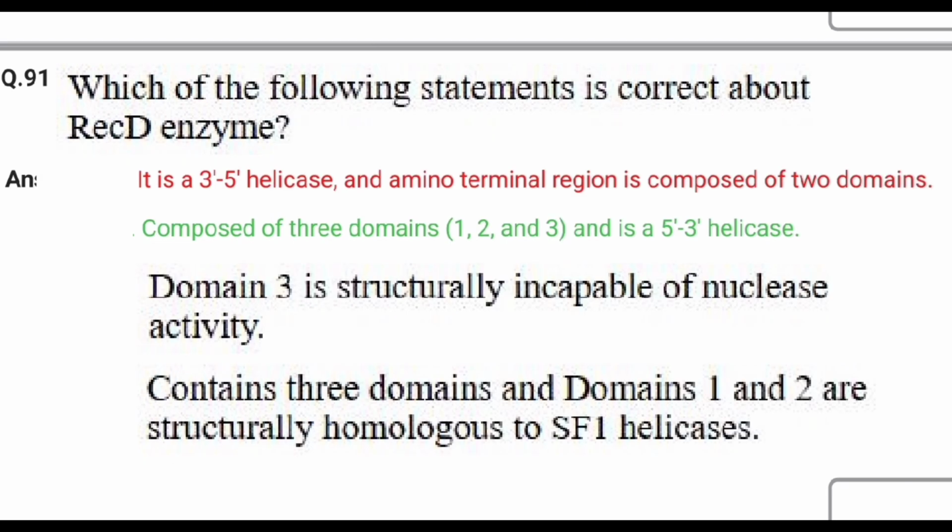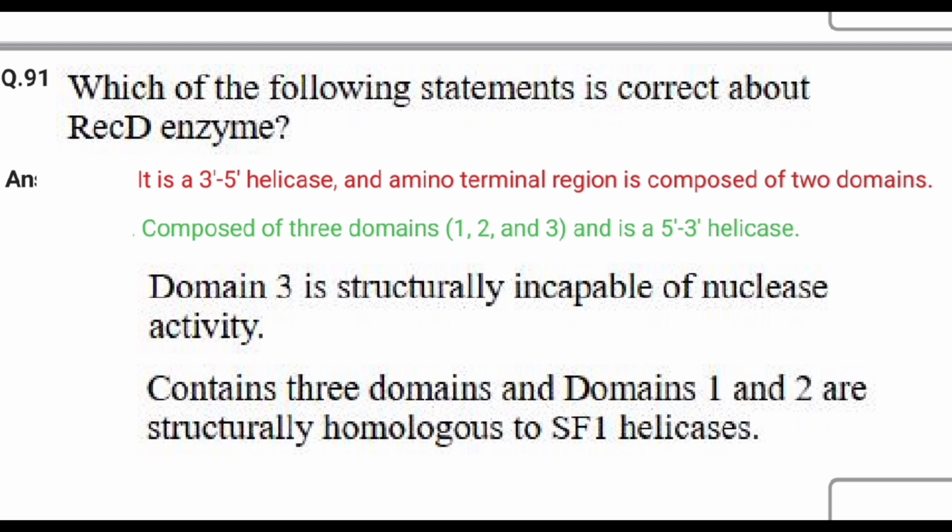Which of the following statements is correct about the RecD enzyme? Options are: it is a 3 to 5 prime helicase and the amino terminal region is composed of two domains; it is composed of three domains, 1, 2, 3, and it is a 5 to 3 prime helicase; domain 3 is structurally incapable of nuclease activity; it contains three domains, and domain 1 and 2 are structurally homologous to SF1 helicases.